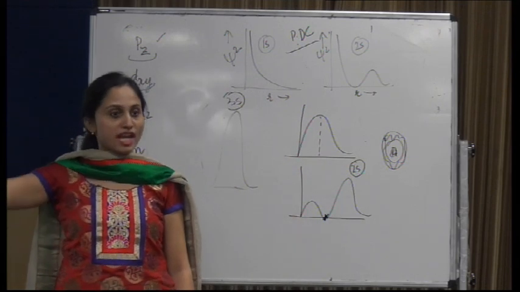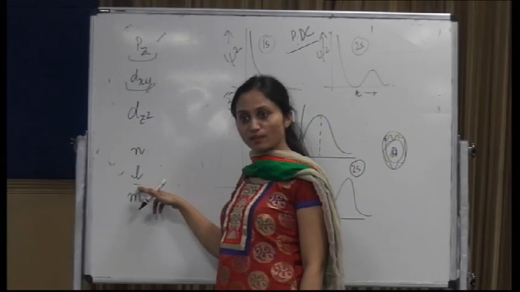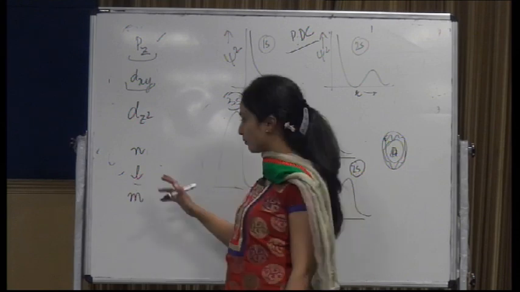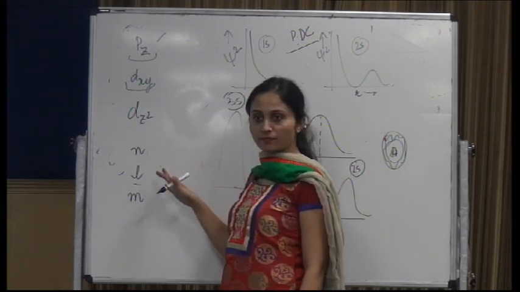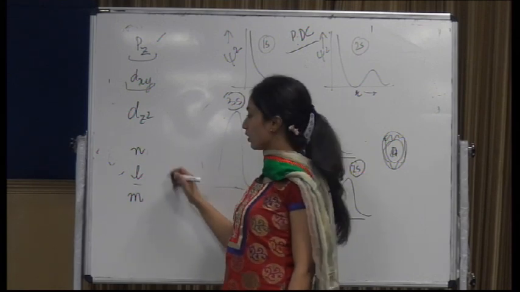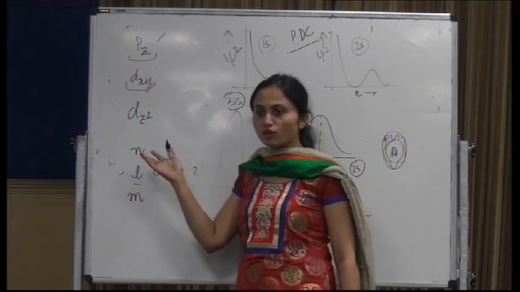These are your shells. Then you have subshells, defined from the azimuthal quantum number, which is also the angular momentum quantum number. Those values are from 0 to n minus 1, so you will have the values 0, 1, 2 depending upon what your value of n is.